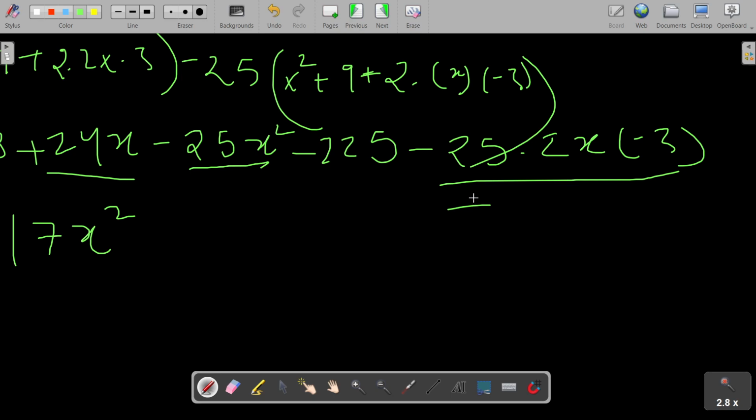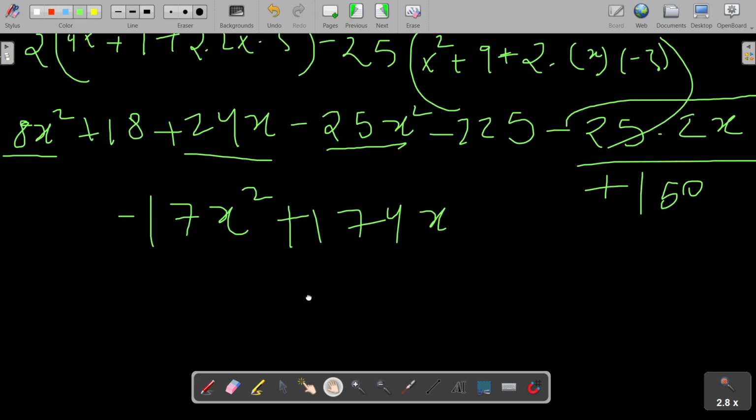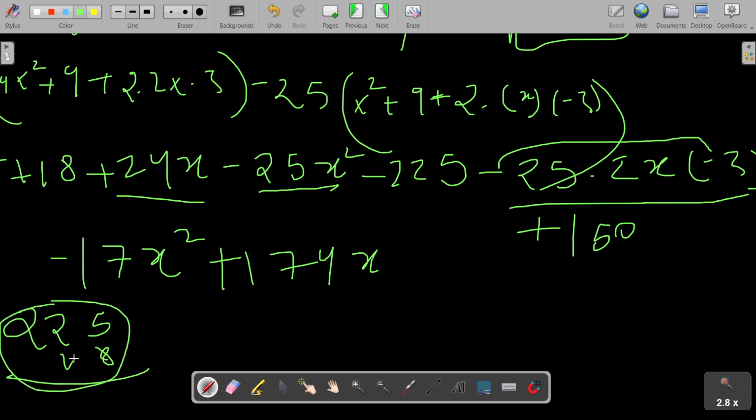If we simplify, negative into negative is positive. 25 into 2 is 50, 50 into 3 is 150. We get 24 plus 150, that is 174x. And we get 18 minus 225, so this is 225 minus 18, which simplifies to 207, negative.